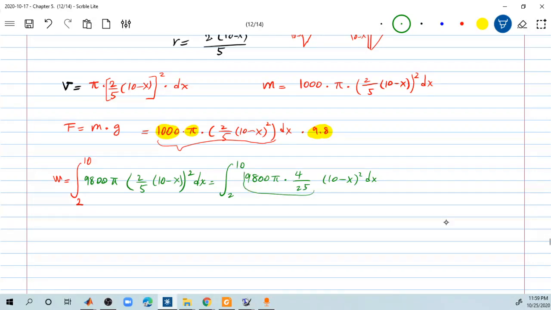And you can calculate this number, from 2 to 10. This would be 98 times 16 times pi, and multiply by (10 minus x) squared dx.